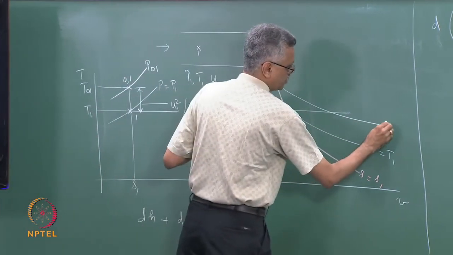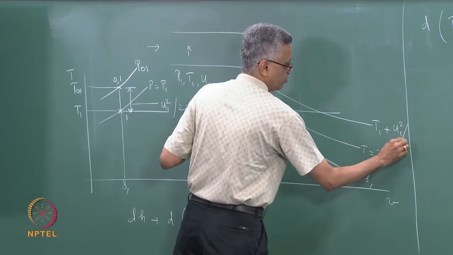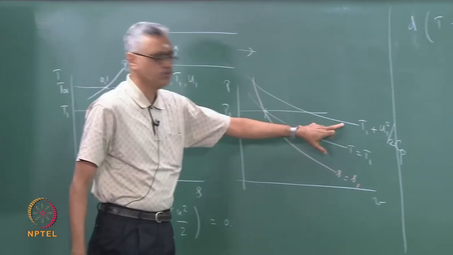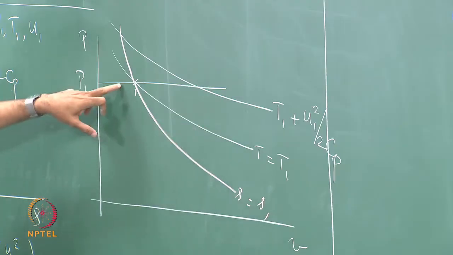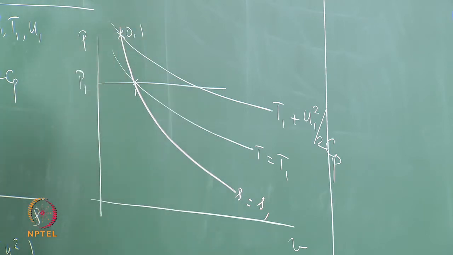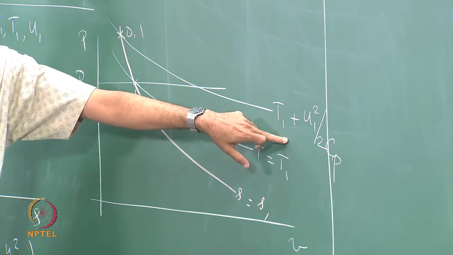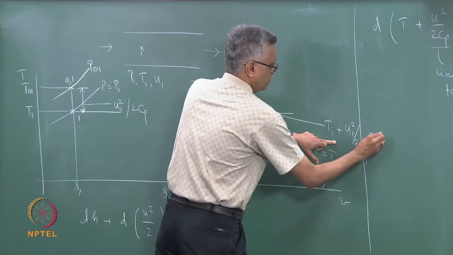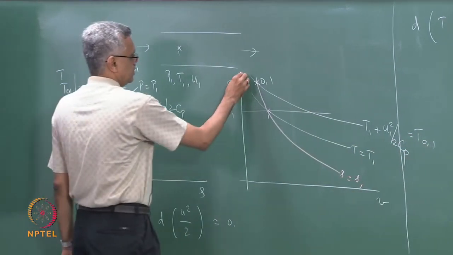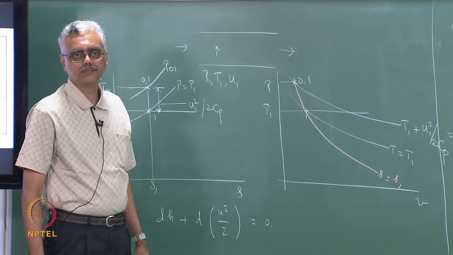So this isotherm corresponds to T1 plus U1 square over 2Cp, right, that is this isotherm. So stagnation state 0, 1 would then come right here, 0, 1, and this is nothing but T0, 1, and this pressure would be P0, 1, right.